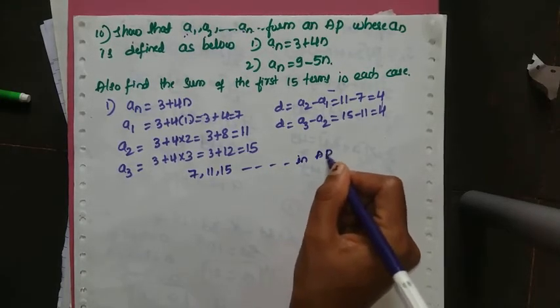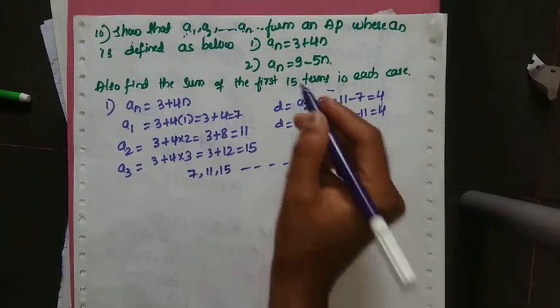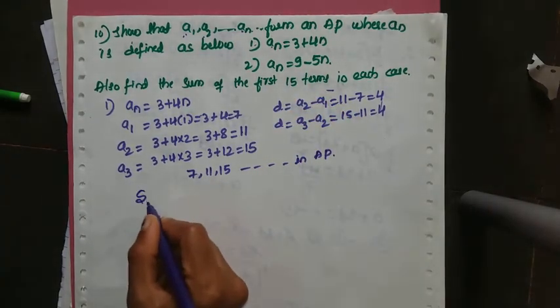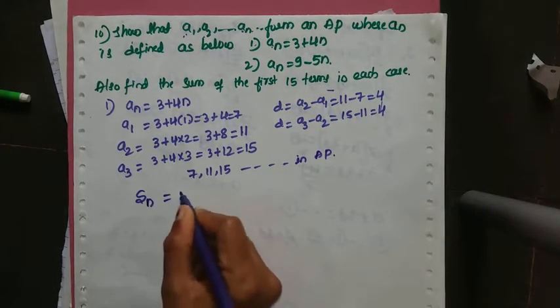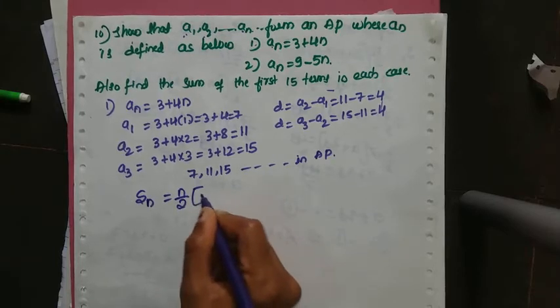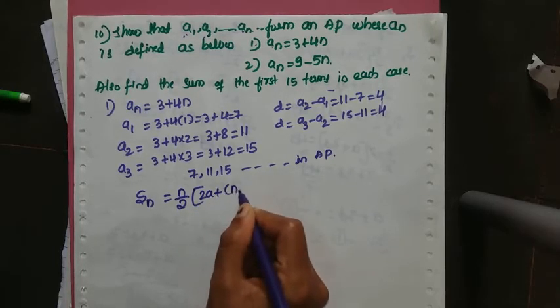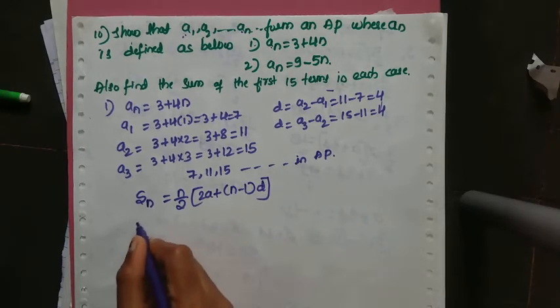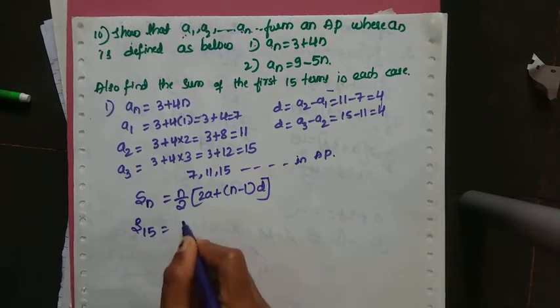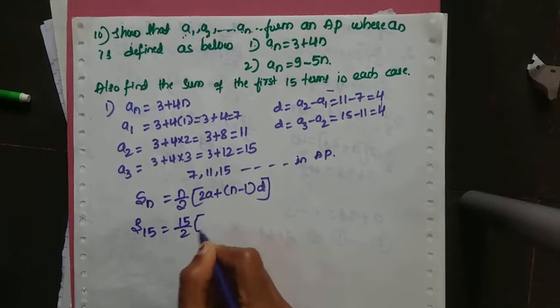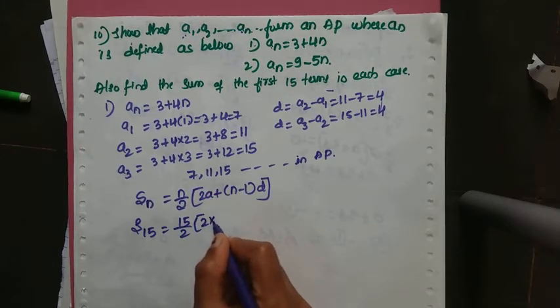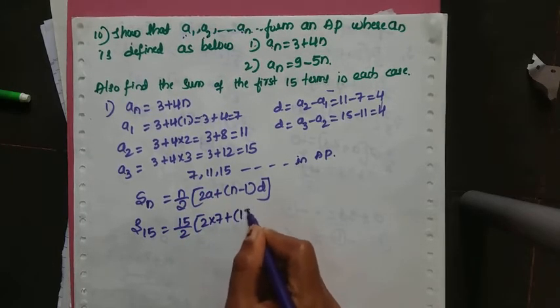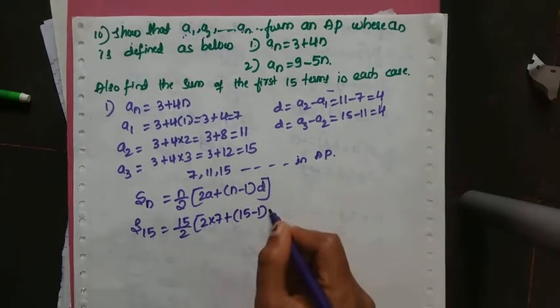Now we need to find the sum of 15 terms, that is Sn. Sn equals n by 2 into bracket of 2a plus (n minus 1) into d. So S15 is 15 by 2 into bracket of 2 into 7, here a is 7, plus 15 minus 1, and the common difference is 4.